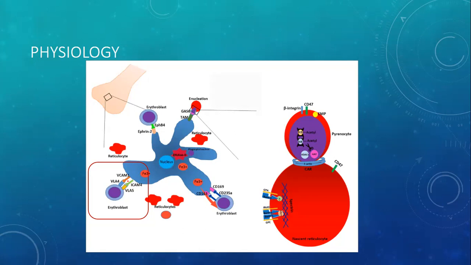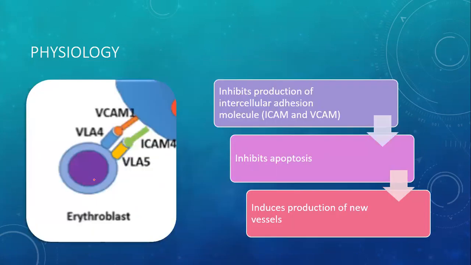Which gives support to all the other cells that are around it, okay? So what happens when the erythropoietin reaches the bone marrow? Okay, here we have a square in which we have two, take a closer look. Let's go on.